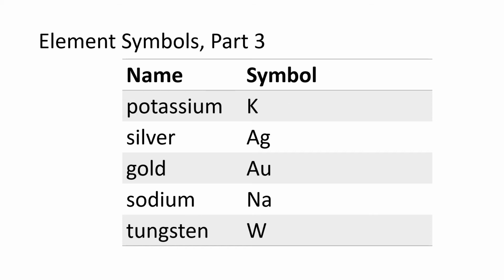Okay, so let's take a look at one last set. Potassium is K, silver is Ag, gold is Au, sodium is Na, tungsten is W. I don't know about you, but I'm having a hard time finding a W anywhere in the word tungsten. These symbols don't seem to have a connection to the letters that are used in the name of the element.